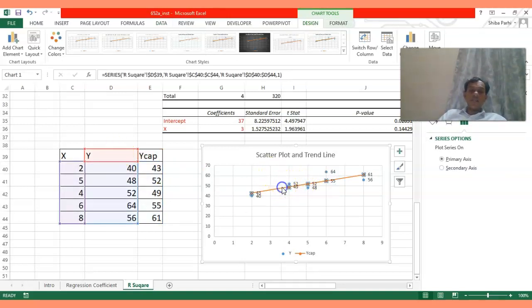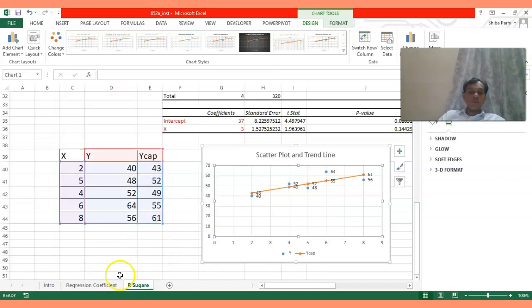And you can see the predicted y is the line, that line is the predicted line, this is the regression line, and the slope of this regression line is 3. If I draw the intercept of this regression line, it will intercept the y-axis at 37, and the slope of this line is equal to 3. So this is the regression equation, y equal to 37 plus 3x, and these are the predicted numbers, and this is the way we can do the calculation for the r square.